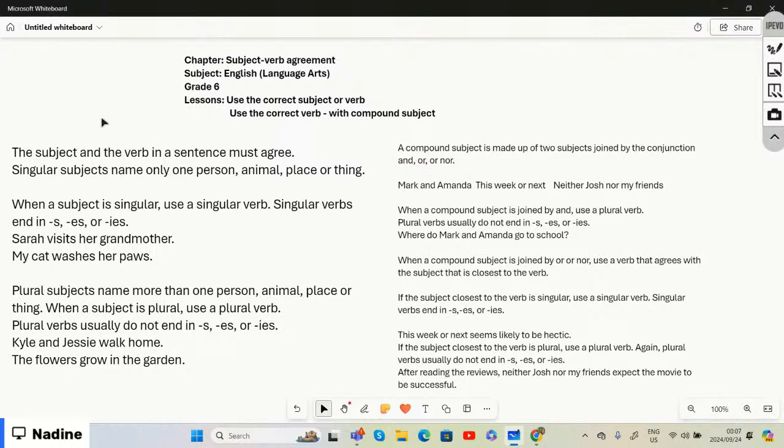All right, so when it comes to subject, verb, and agreement, our subject tells us who or what we are talking about, or what the conversation is about.